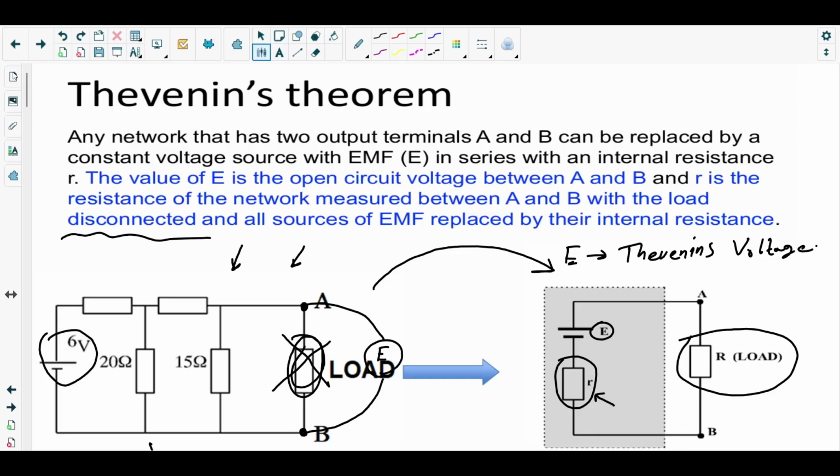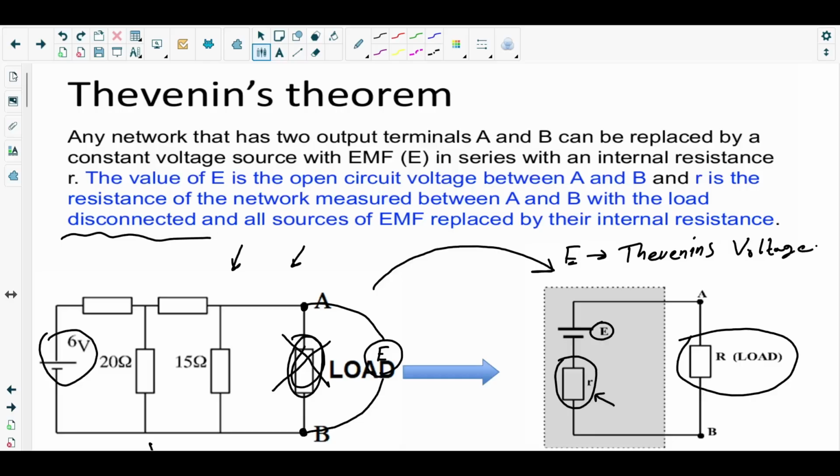The voltage and the current through the load resistor will remain exactly the same as in the original circuit. It's just the way we represent it that will be different, but the magnitude, the current, the voltage, the resistance, everything will be as it is.